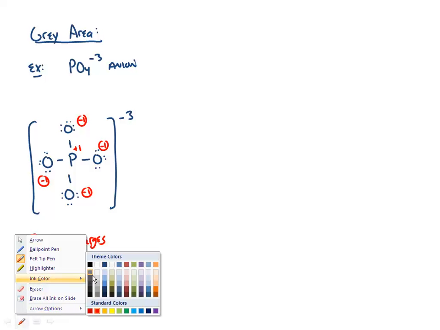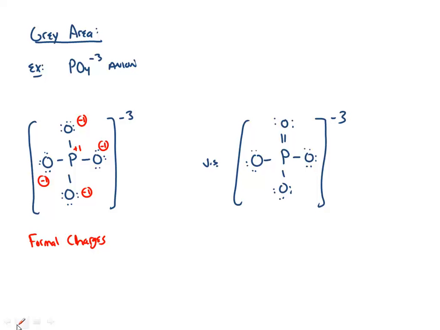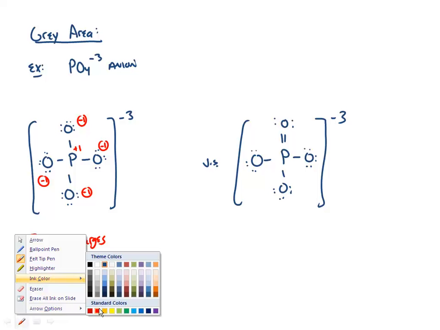Or, if we're allowed to violate the octet rule, we can form a double bond with one of the oxygens and put a bunch of valence electrons around it again. And again, it has a -3 charge, and we'll put the formal charges in red.